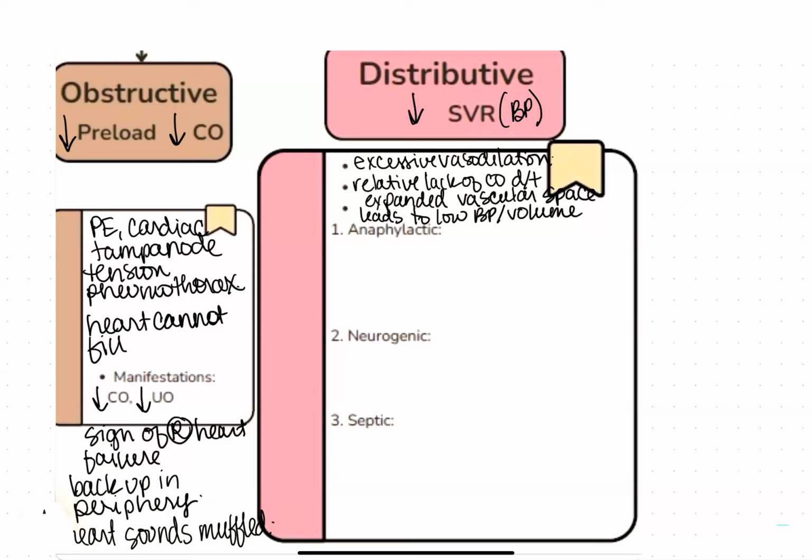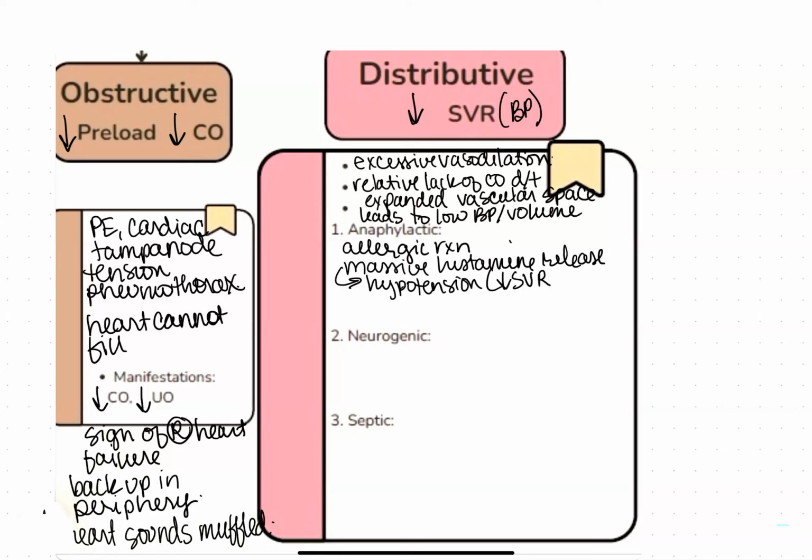Anaphylactic shock is an allergic reaction. And that results in a massive release of histamine. This massive histamine release leads to hypotension, also known as decreased SVR or decreased blood pressure.